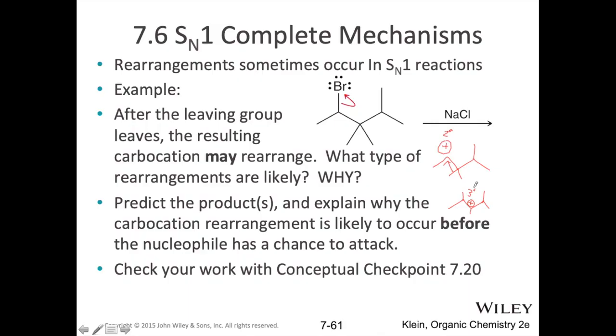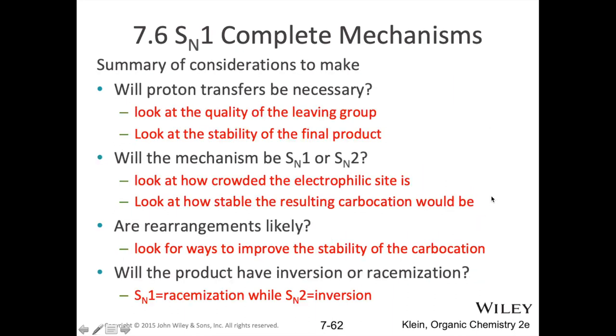Since this is more stable and it's going to be present in a greater percentage in solution, our nucleophile is more likely to attack this intermediate and make our product. So we'll probably see a mixture of products, but we'd probably get more of this rearrangement product. Okay? So that's something to keep in mind.